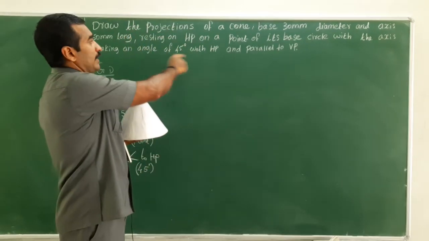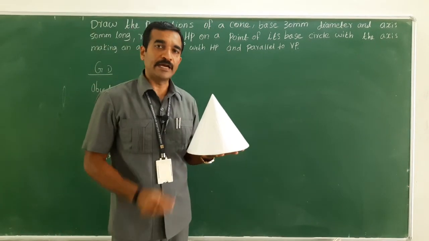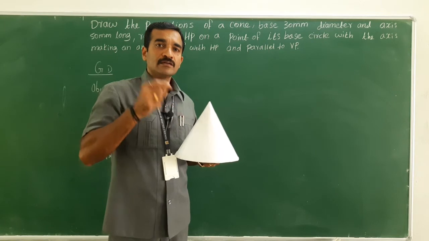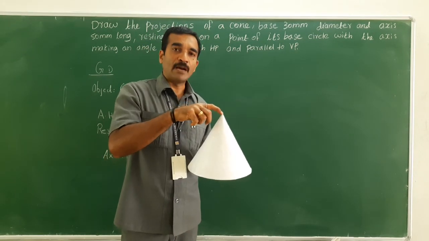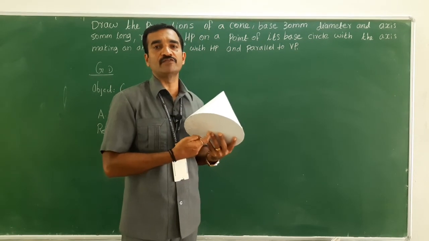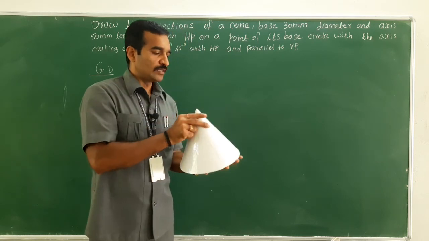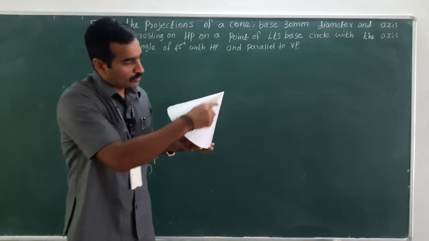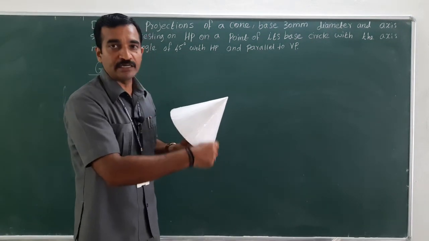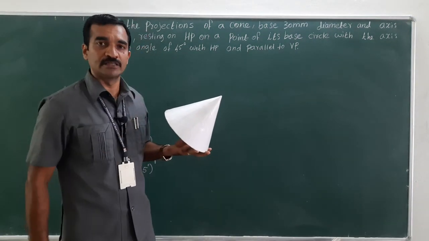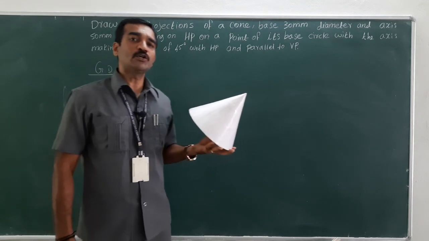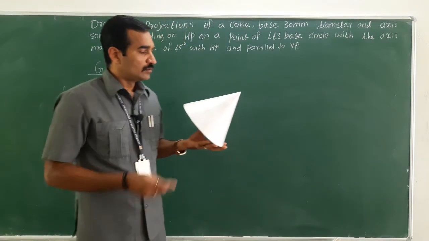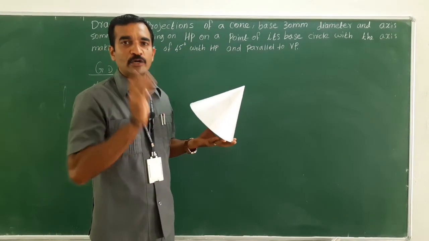And the axis is inclined to HP. That means the axis is nothing but an imaginary line connecting the apex or vertex and the center of the base. So, this is how it has been positioned. This is the final view. Now, the axis is making 45 degree inclination with HP. In order to draw the true shape, the axis should be perpendicular to one of the planes.